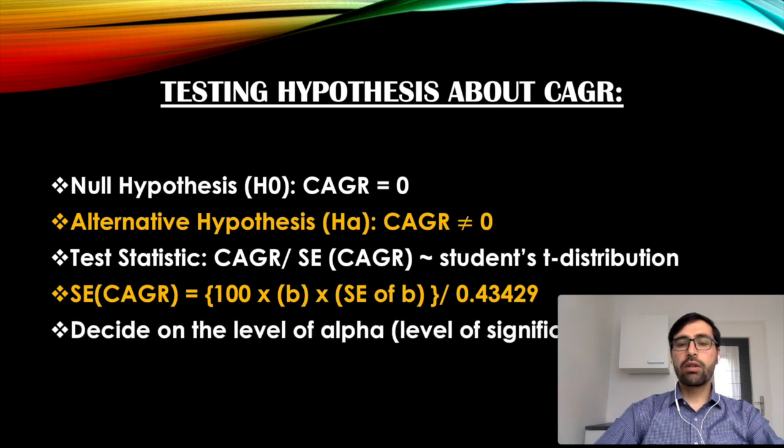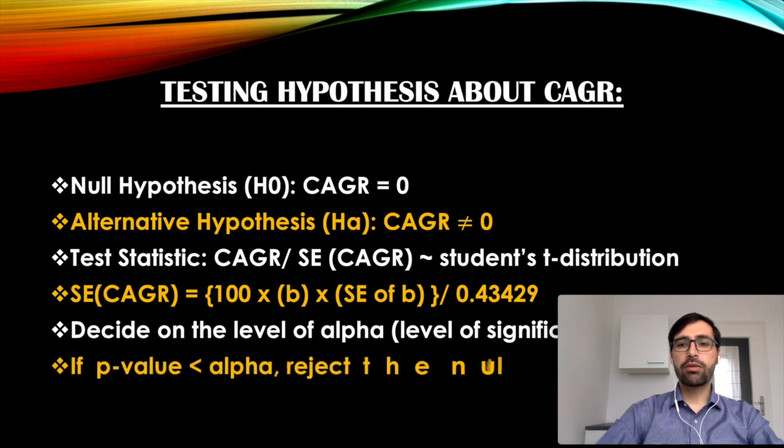So then we can use either the critical value method or the p-value method to decide upon the rejection or failure to reject the null hypothesis. We may reject the null hypothesis, or we may fail to reject it. If you use the p-value approach, then you have to decide on the level of significance, or alpha, and then compare alpha with your p-value.